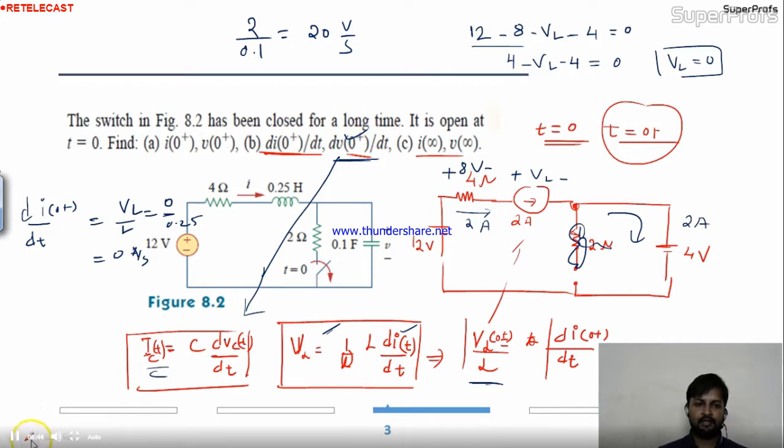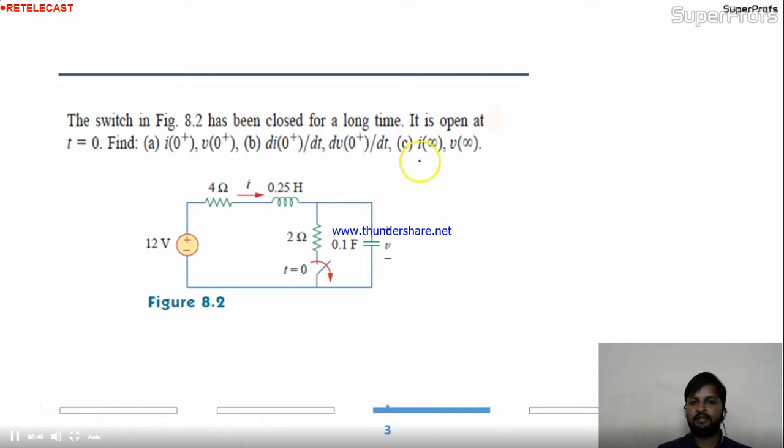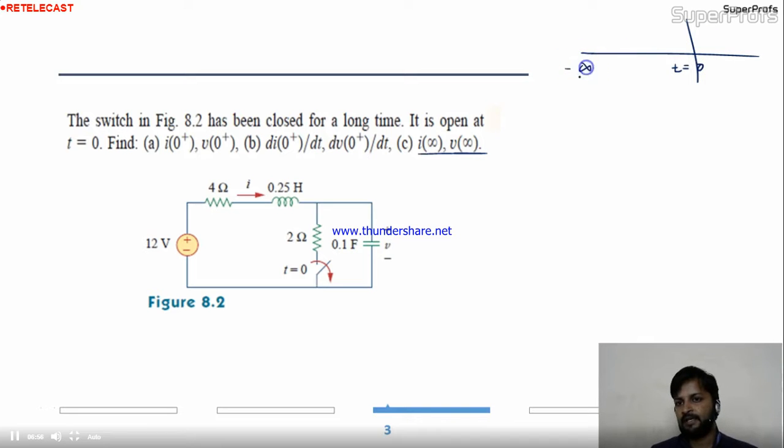This one. Now come to the next. They're asking, find out I infinity and V infinity. So if you remember, in the starting I told you, this is the time at 0. This is minus infinity. This is a steady state, before t equal to 0. And after a long time, again we are having steady state. So if the circuit is working from a long time, we can say that it is in steady state now.